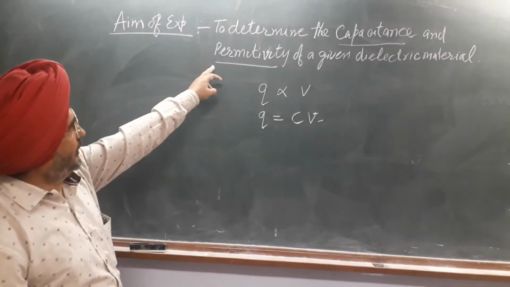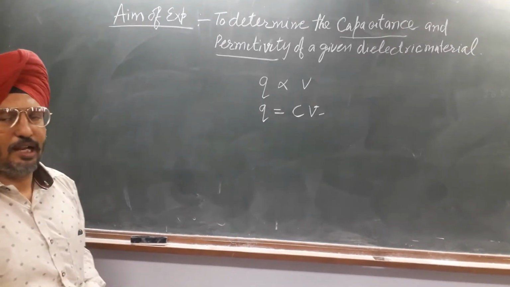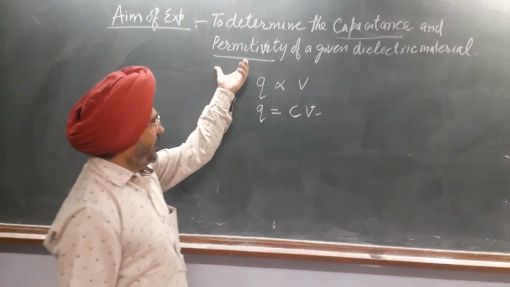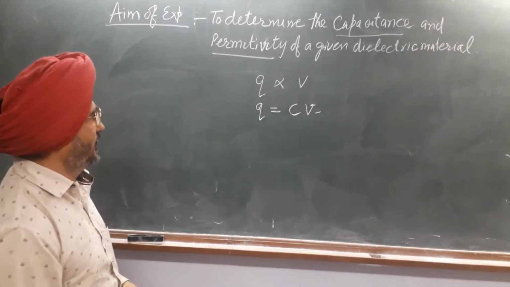Next, permittivity. Permittivity is the ability of a material to get polarized.